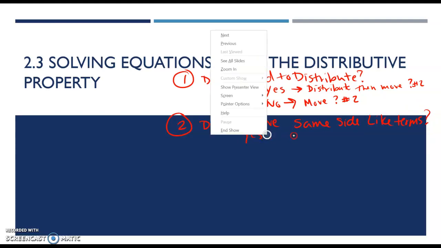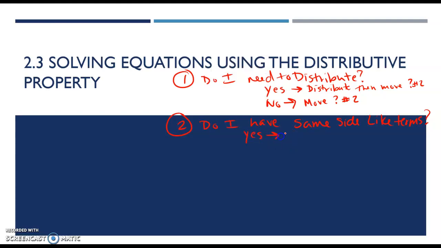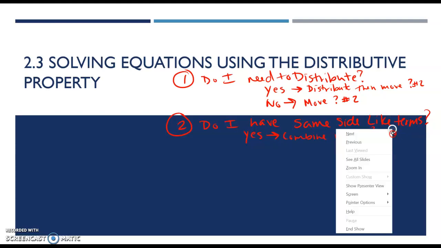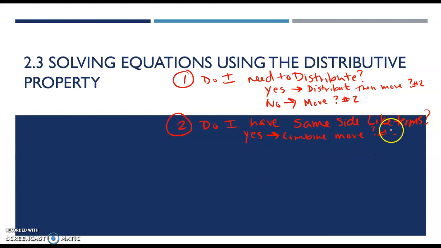Then we're going to combine them. Move to question 3. All right, if no, then we just move to question 3.